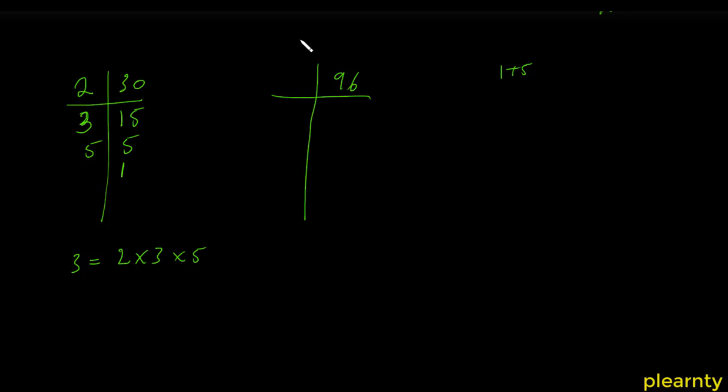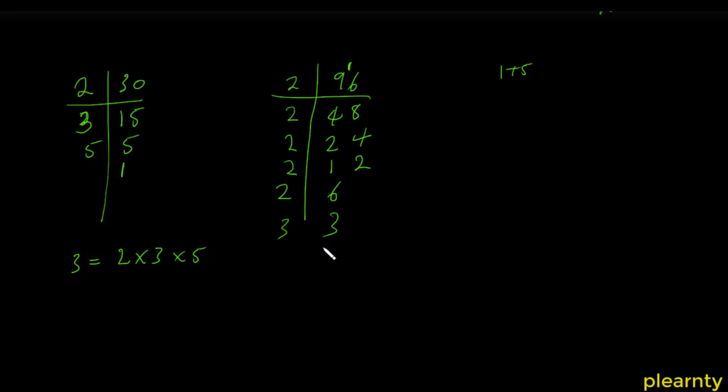What of 96? 2 would divide this. When 2 divides 9, we have 4, remainder 1. Then 2 divides 16, we have 8. 2 will divide this and give 24. 2 would also divide this and give 12. 2 will divide this to give 6. 2 will divide 6 to give 3.